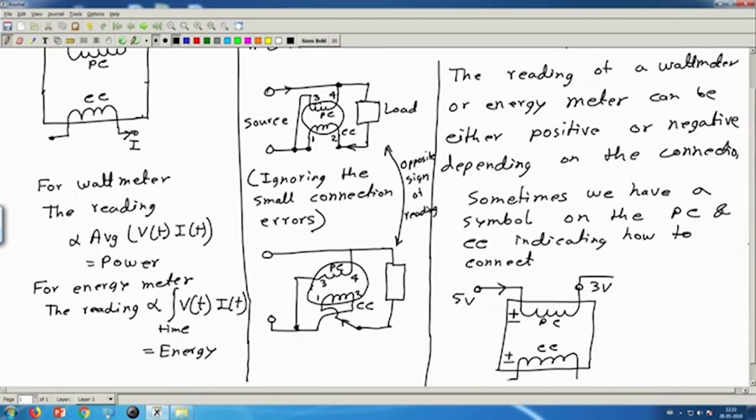And at the same time, if you connect this coil in such a way that current also flows entering through this symbol, leaving through the other terminal, and here this symbol marked side is positive, then with this connection the reading will be positive. The reading is positive.